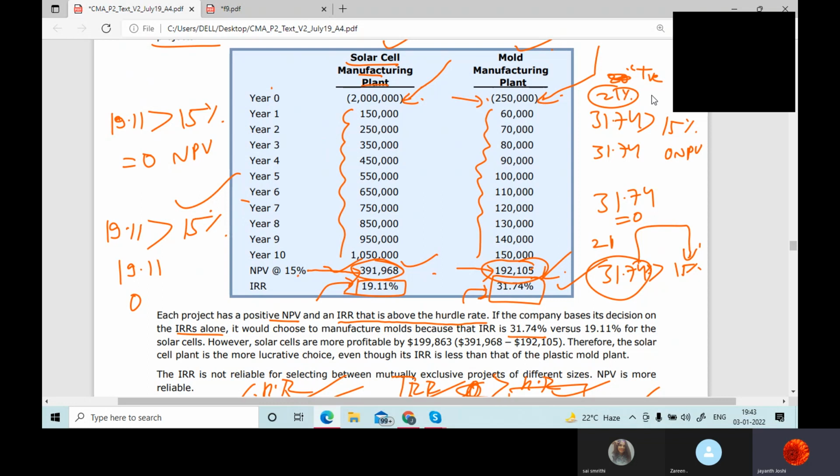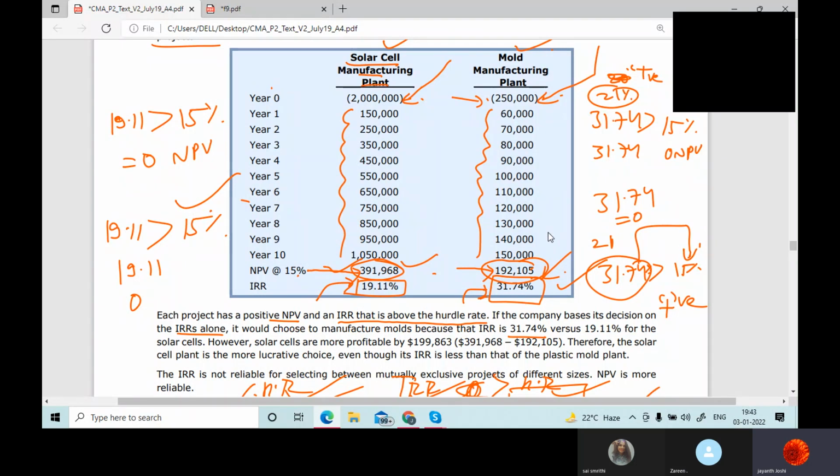You'll get a positive NPV at 21%. Why? Because 31% is giving you exactly 0, so anything less than that would give you a positive NPV. So here you have a very good gap, while here the gap is very small.